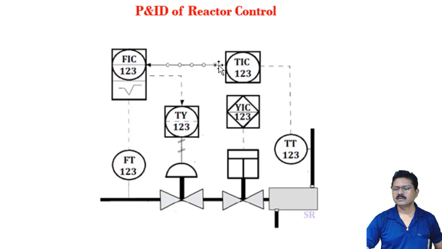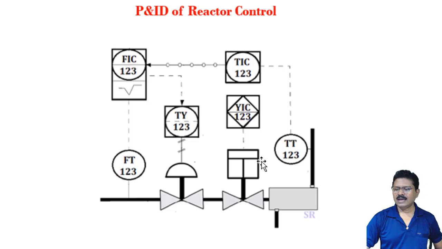This gives the signal to here. So this is one signal, this is another signal. Ultimately, according to these two signals, this controller gives an output. This output, through this I2P converter, ultimately controls this control valve. Here this is a motor operated control valve. This is the PLC symbol. So the PLC ultimately controls this motor operated valve.